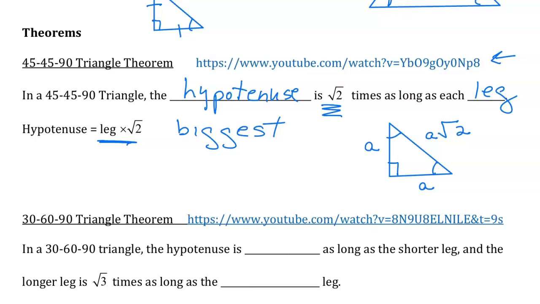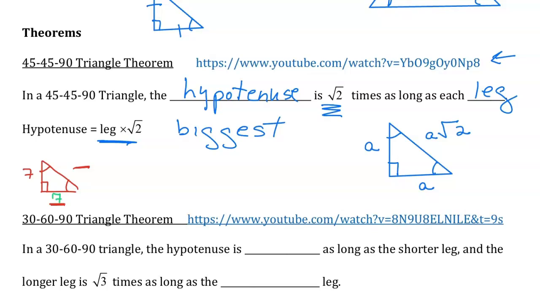Okay, so for example, what could be a possible problem I could ask? What if I drew this for you, and I told you it was an isosceles right triangle, and I told you that this side was 7, and I asked you to find the two missing sides. So the other leg is going to be the same, right? So that's going to be 7.